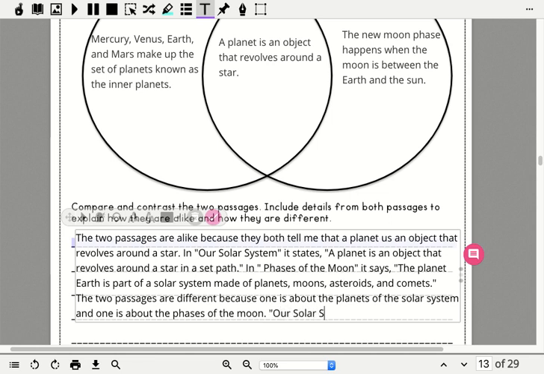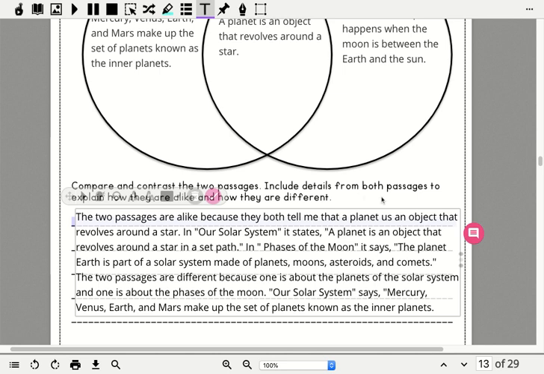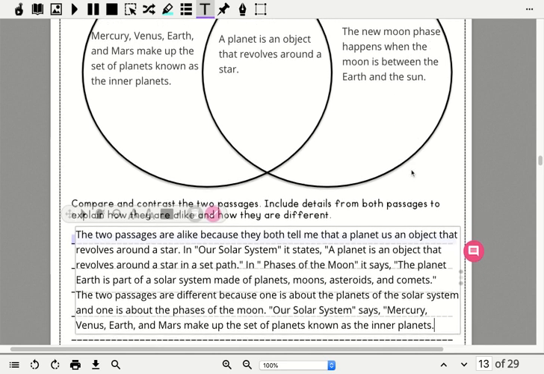Our solar system says, okay, now I'm putting my quote from up top. Mercury, Venus, Earth, and Mars make up a set of planets known as the inner planets. Okay, and now I just have to add my text evidence for this one right here.